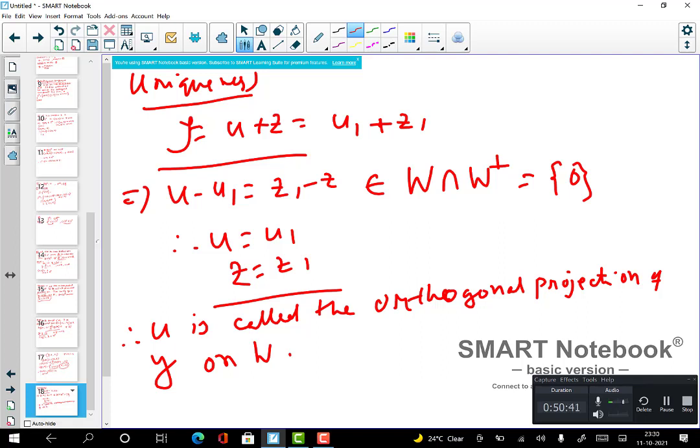And not only that, this is actually more. You can say that this is the nearest vector to y in W.